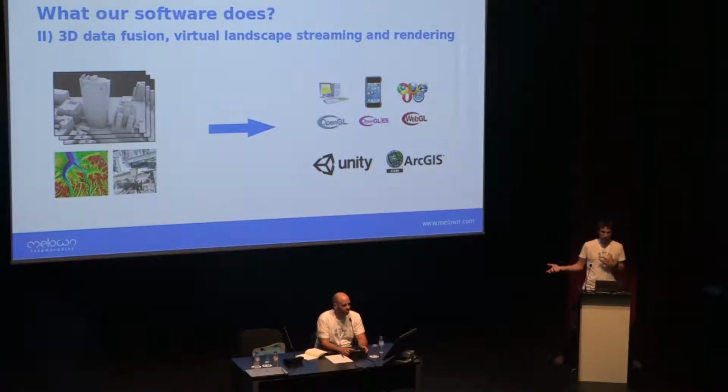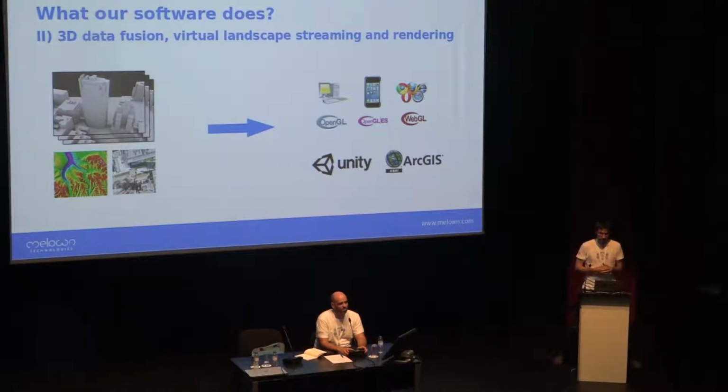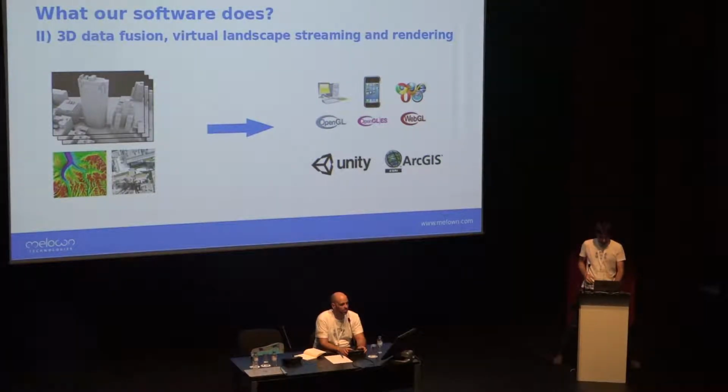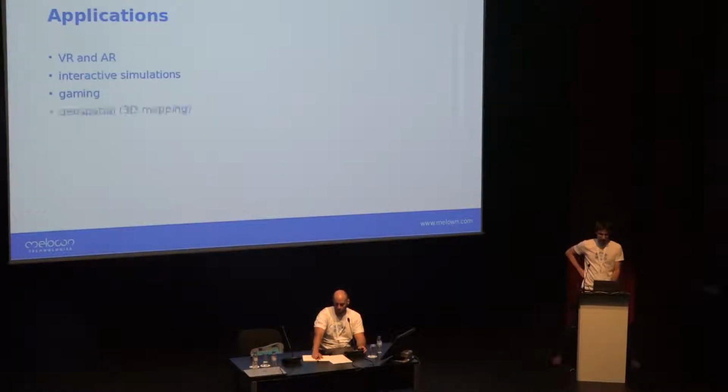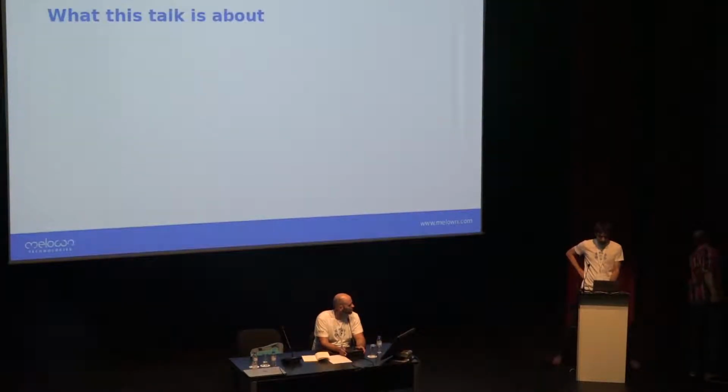which takes outputs of our first step, fuses them with other 3D sources, DEMs, DSMs, orthophotos, adds and streams them to various clients across desktop, mobile, or web. The applications are straightforward: virtual reality, augmented reality, interactive simulations, gaming, and geospatial like 3D mapping.